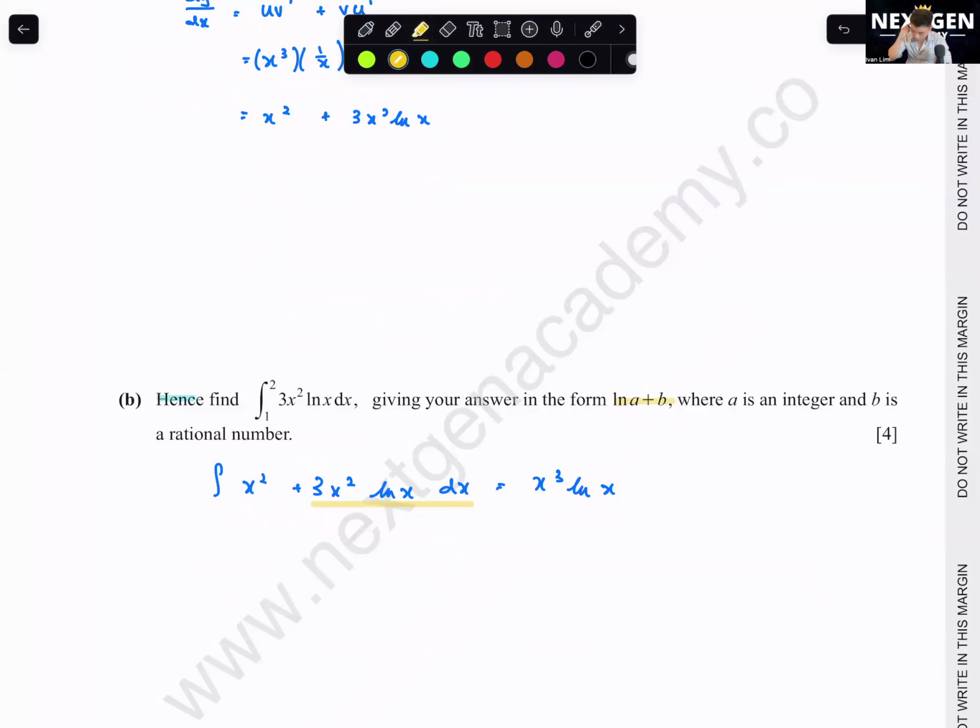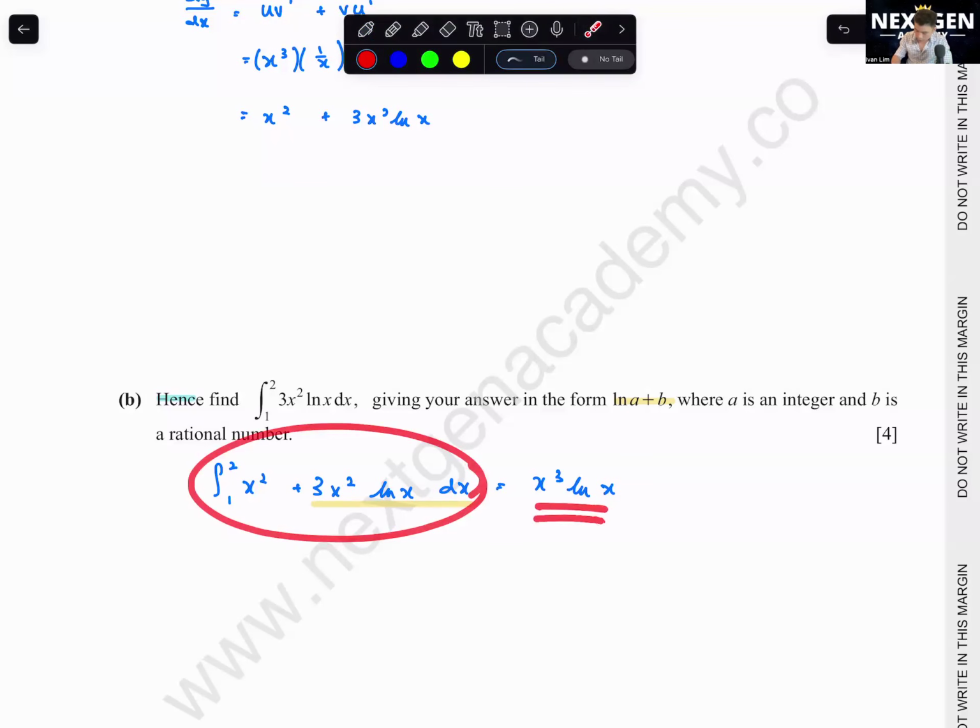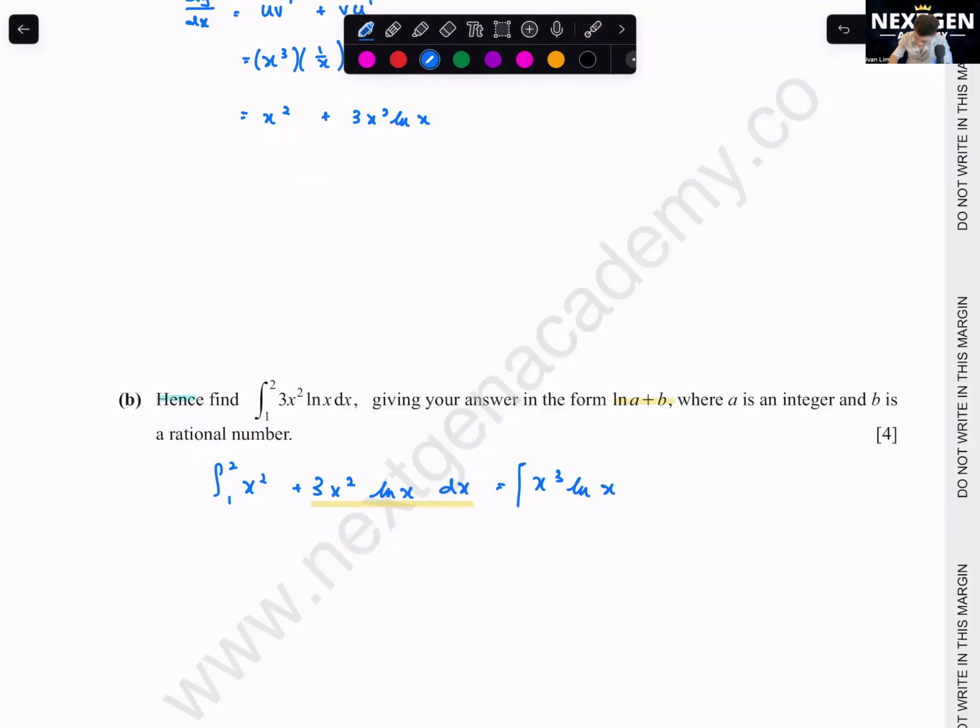Because this is a definite integral, let's put the 1 and 2. So that means when we integrate this, we will get this over here. This one, we don't need to integrate already. We will split these two up because we only want this part.